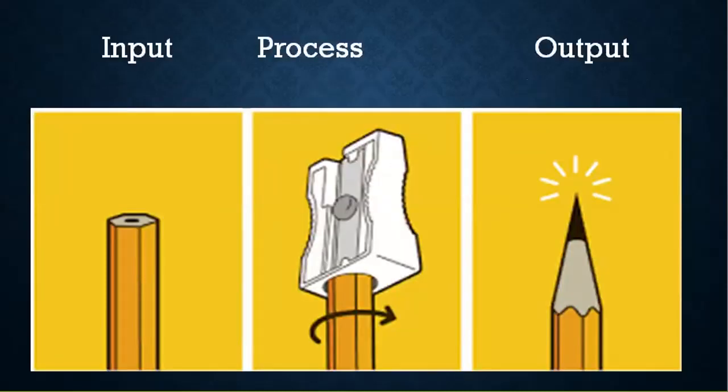Here is another example. For sharpening a pencil, the input needed is a sharpener and a blunt pencil. The process involves turning the pencil in the sharpener, and the output is a sharp pencil.